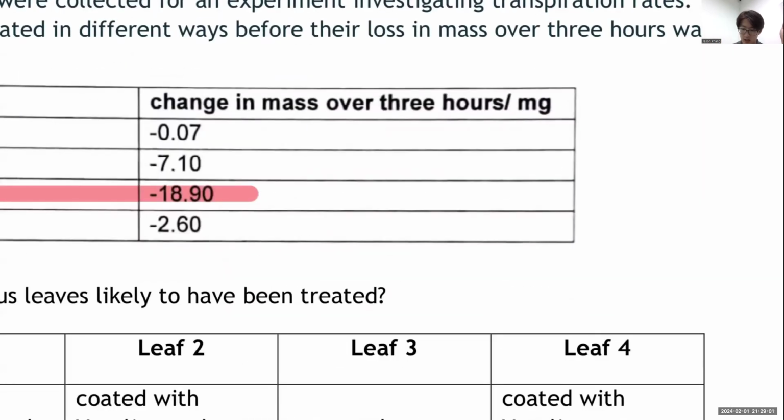The one that changed the greatest mass. Why will the leaf lose mass? What did it lose?